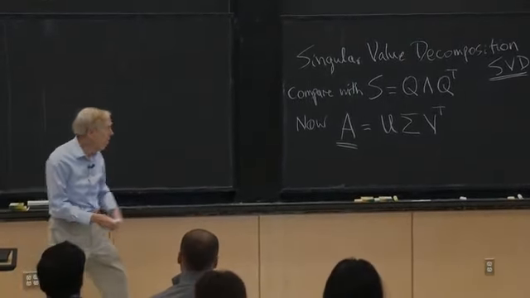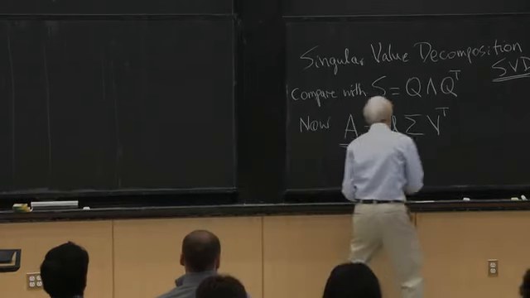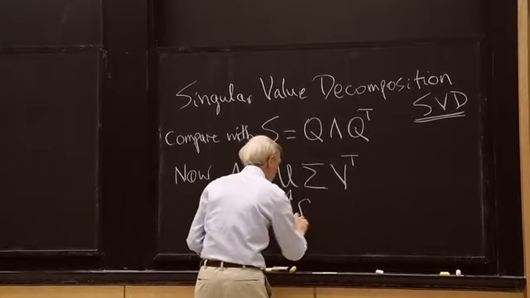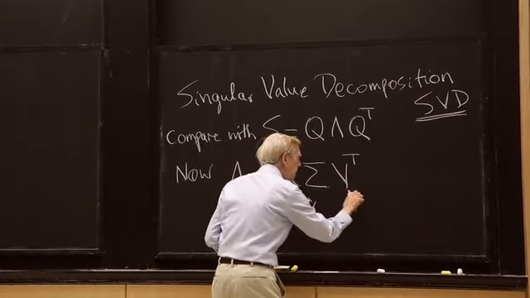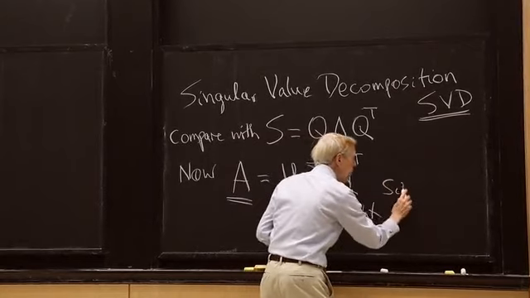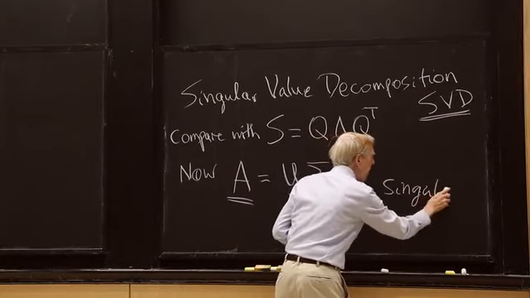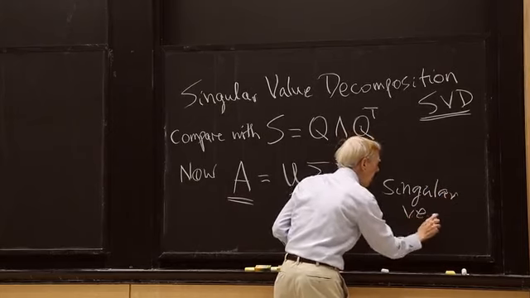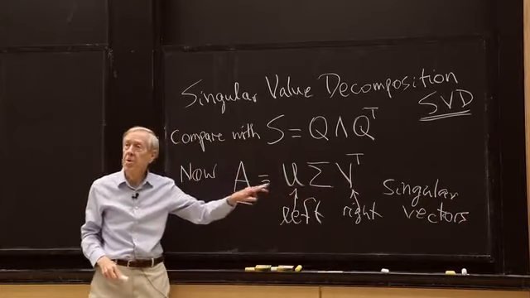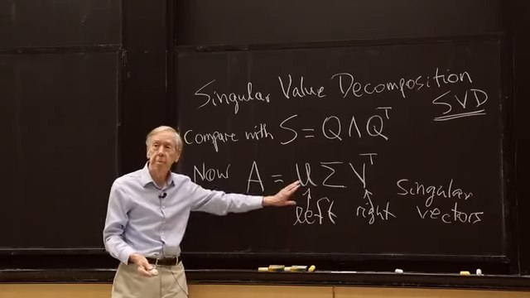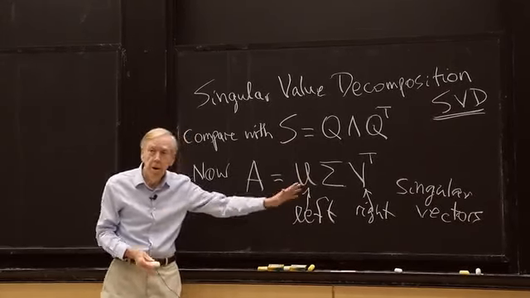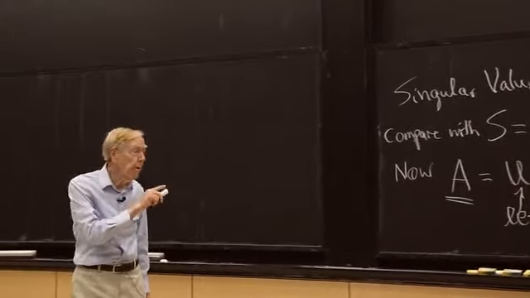A is, now, so what are these pieces? So these are the left, and these are the right singular vectors. The new word is singular. And in between go not the eigenvalues, but the singular values. You got to pick up on this.